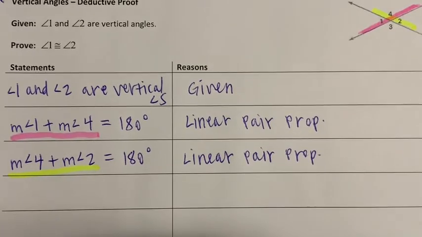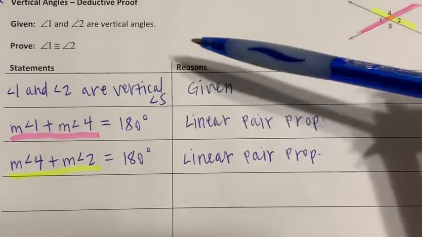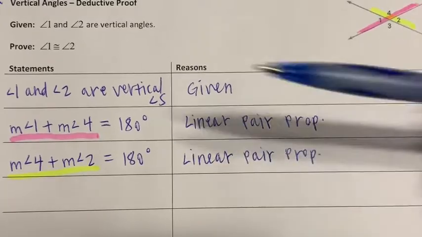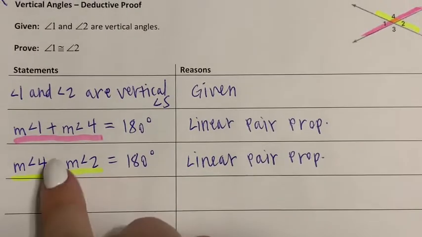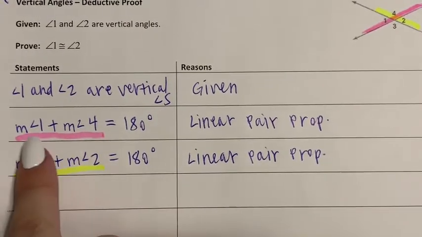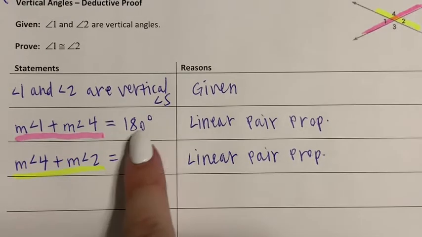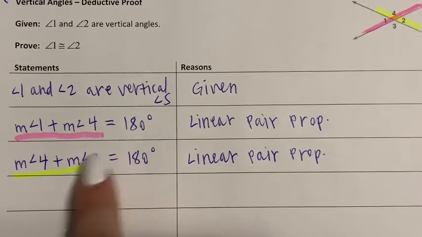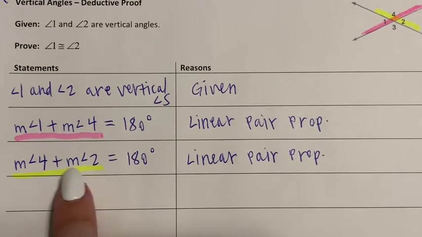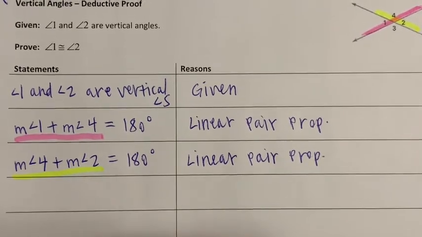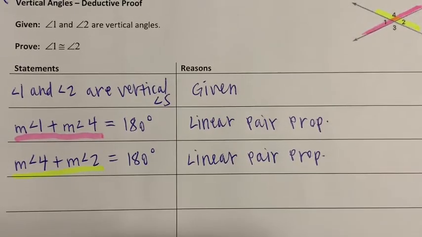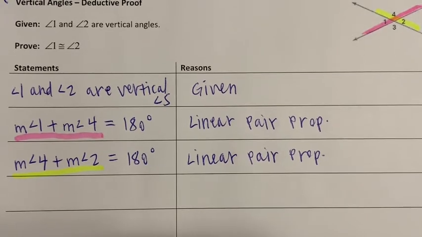Now, is there something that I could do now that I've listed both of these statements having to do with the linear pair property? I said that these two angles that I underlined in pink are equal to 180 degrees. And then I also have these two angles underlined in yellow equal to 180 degrees. And we did this kind of stuff in algebra all the time, and it was called substitution.